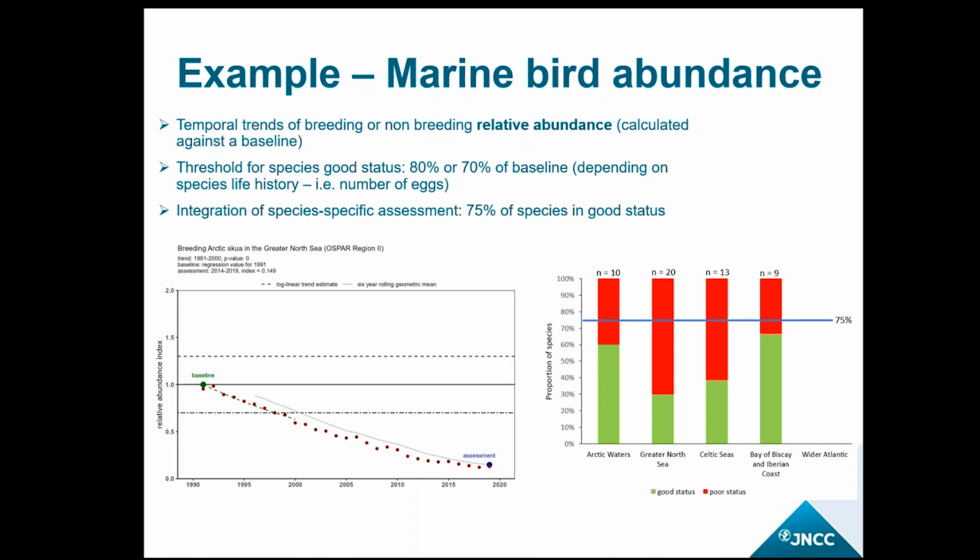The bar chart there shows different geographic areas of the Northeast Atlantic, and then the proportion of species that are either in good or poor status according to this indicator assessment. The overall integration here of 75% in this case hasn't been met, so it would be considered to be in not good or poor status.